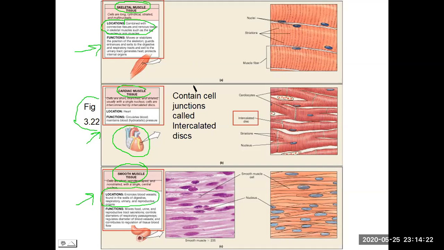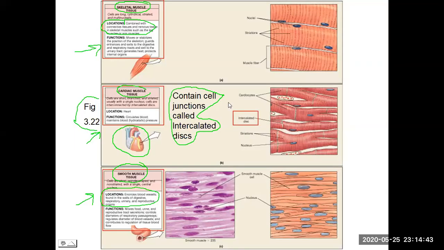Second trait we want to point out here is now only cardiac muscle has these unique types of cell junctions known as intercalated discs. The other two types of tissues do not have these present.